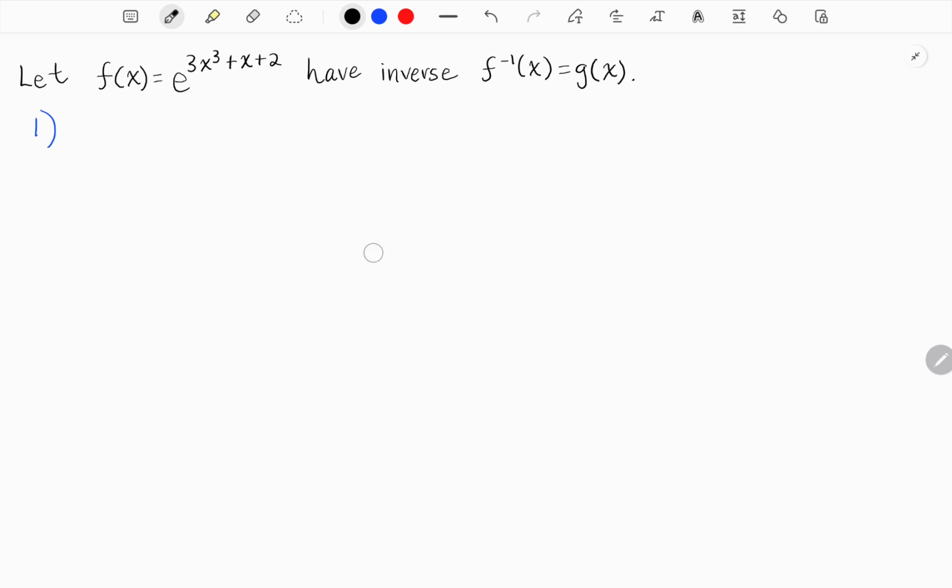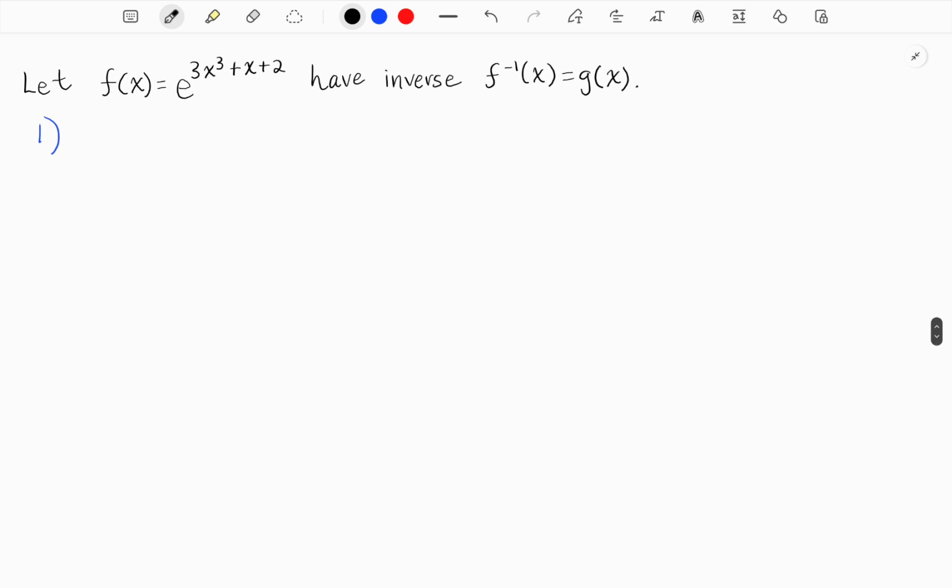It's 1-to-1, it's always increasing. The thing is, what about 3x cubed plus x plus 2? It's a cubic function, so sometimes cubic functions are injective, sometimes they are not. So at first glance, I can't really tell if I eyeball this.